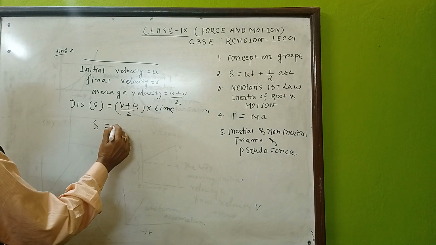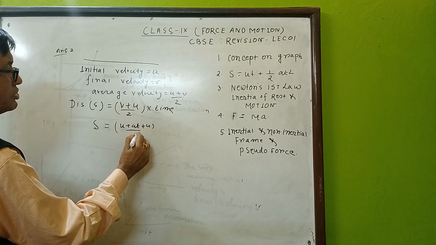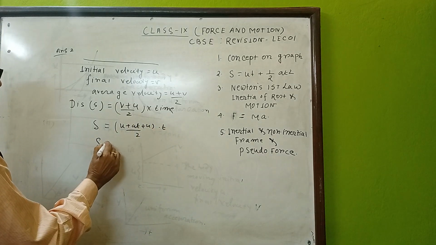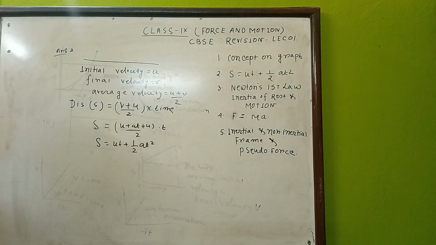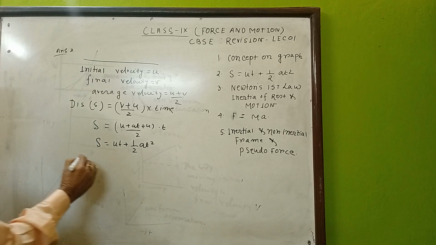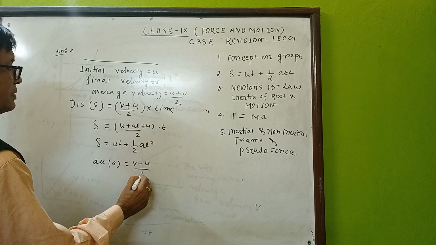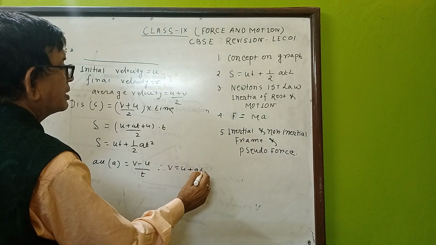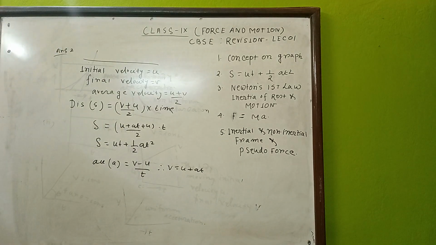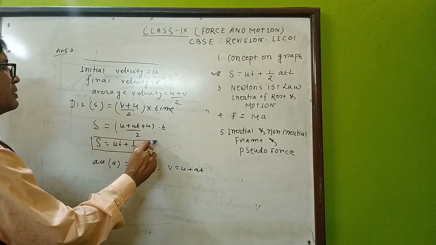Instead of v you write u plus at, because from the definition of acceleration, a equal to v minus u by t, or v equal to u plus at, you know. So s equal to u plus u plus at by 2 into t, that is s equal to ut plus half at square. Already I have done s equal to ut plus half at square.